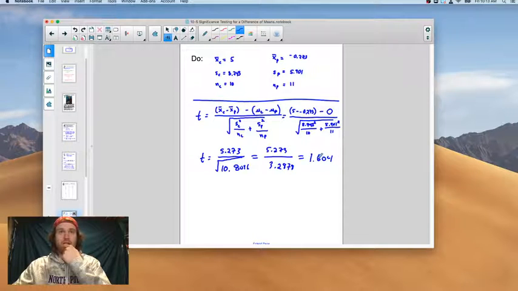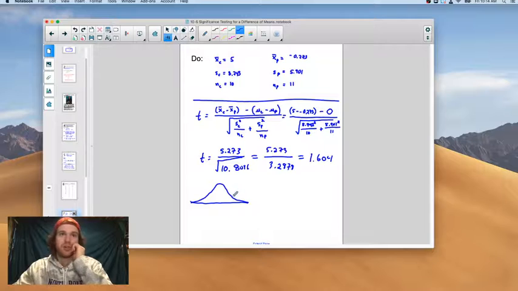Now that we have calculated the t-test statistic, we can go ahead and use our t-tables to calculate the area for that. We are doing a two-sided test, remember? Since we're doing a two-sided test and we have an alpha value of 0.05, that means we are going to be using 0.025 for the tail here.